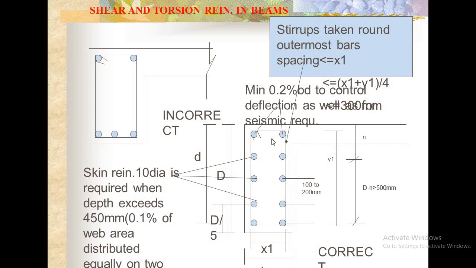This is the way when the stirrups are taken round. The outermost bar spacing should be less than or equal to this. The minimum percentage of steel, bD, is to control the deflection like this. I think this is not much important for you.